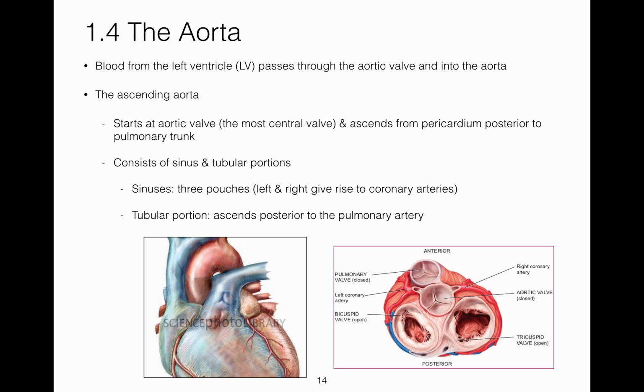The ascending aorta consists of sinus and tubular portions. The sinuses are 3 pouches, 2 of which give rise to the left and right coronary arteries. The tubular portion ascends posterior to the pulmonary artery.